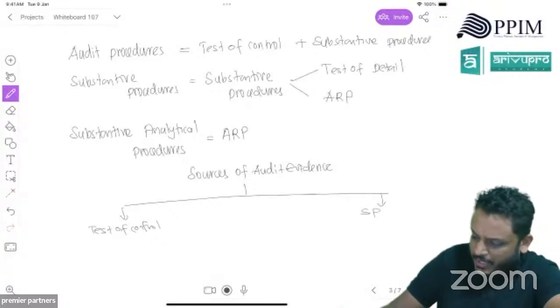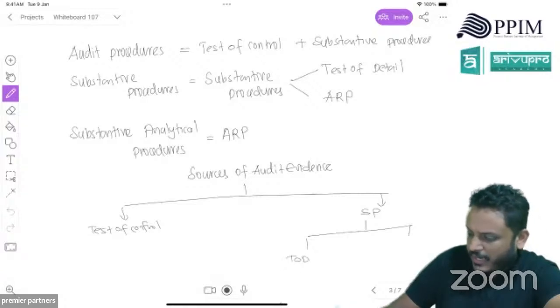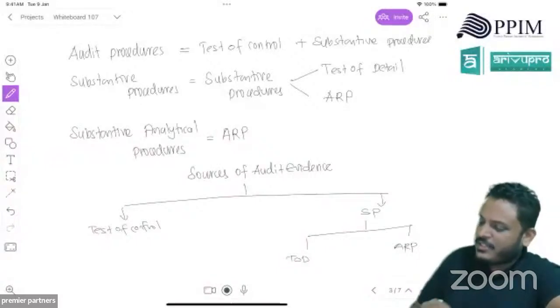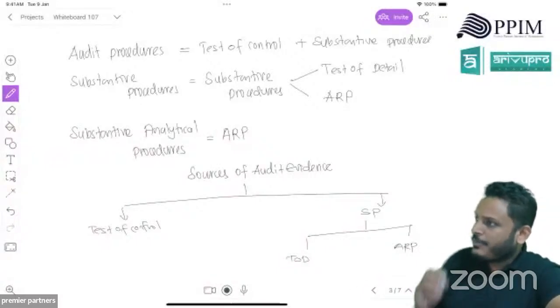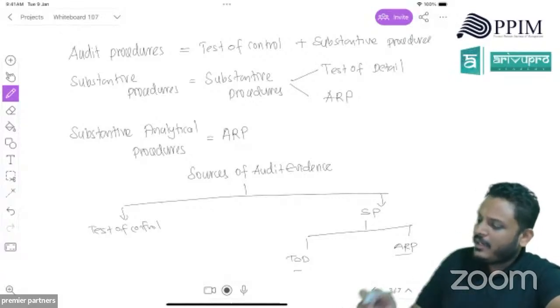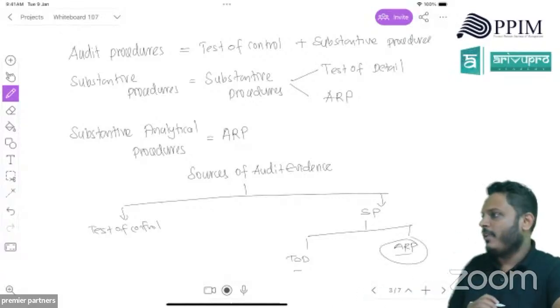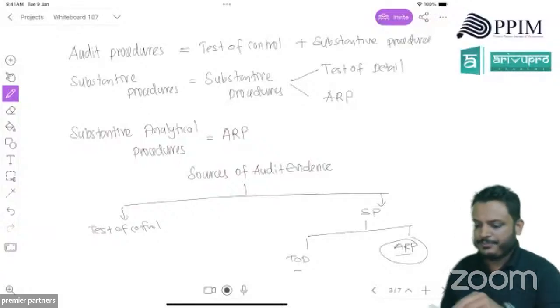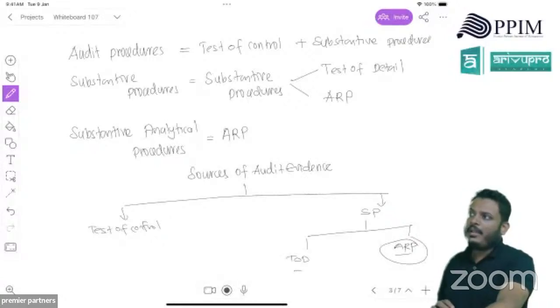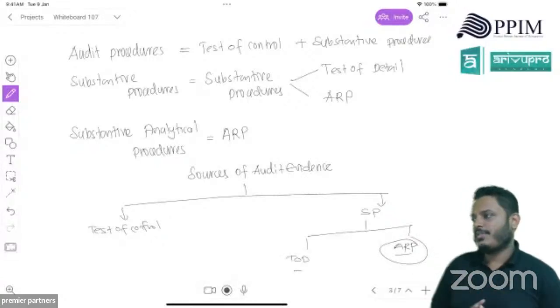Two is substantive procedure. Substantive procedures include test of detail and analytical review procedures. So audit procedures means it includes everything. Substantive procedures means it includes test of detail and ARP. Analytical procedures means it's only this. Sri Lankan students understood. It's a very basic thing that you should know in order to write answers.